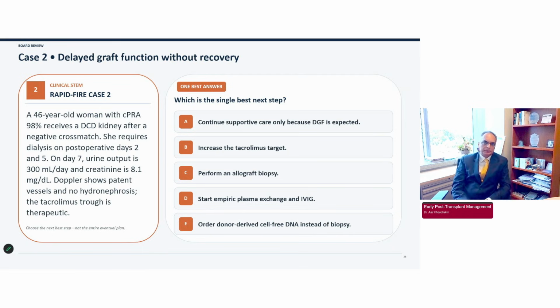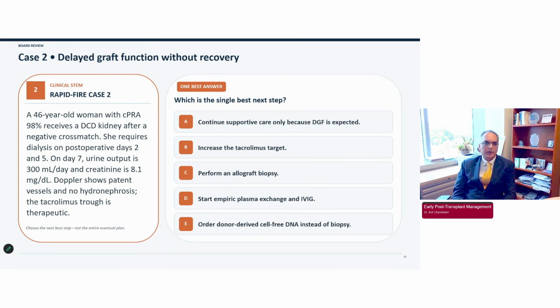So the second question, delayed graft function without recovery. A 46-year-old woman with a high CPRA of 98% receives a donation after cardiac death kidney. After a negative crossmatch, she requires dialysis on post-operative day 2 and day 5. On day 7, her urine output is 300 mL per day, and the creatinine is 8.1.